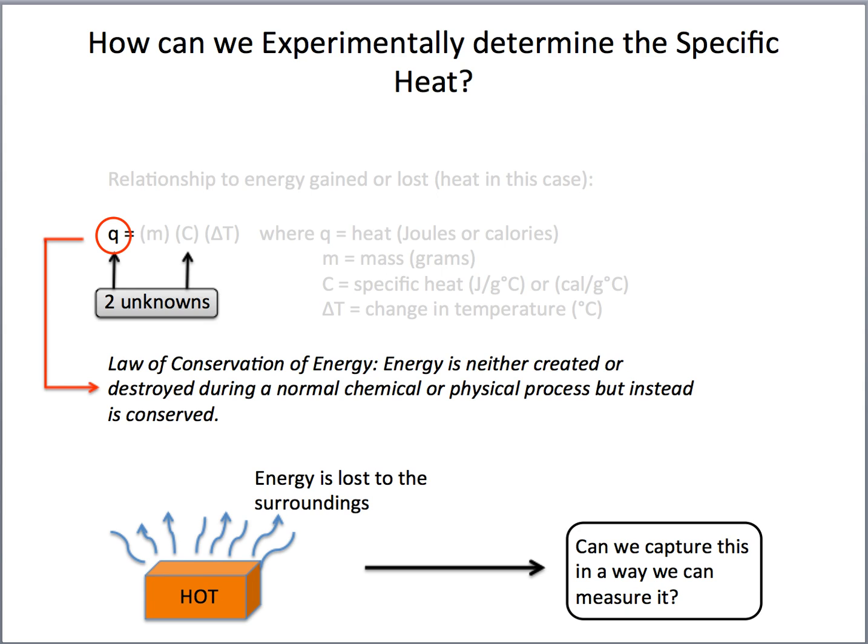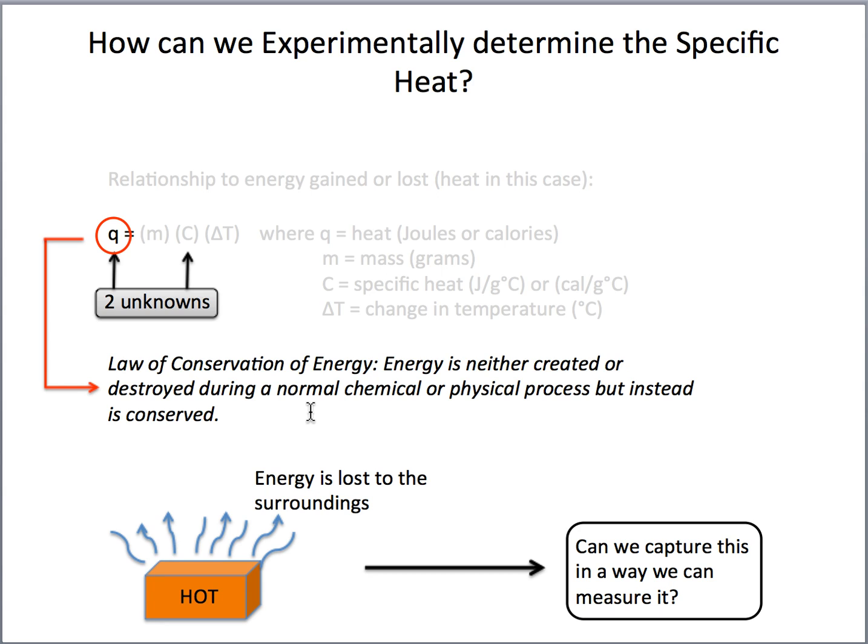So if we have a piece of hot metal here that is cooling off, as it cools, what happened to that heat, that energy in the form of heat? It didn't just disappear, okay? It's not destroyed, it flows into the surroundings. So what we need is a way to capture that heat and therefore be able to relate that back to how much heat was lost by the hot object.